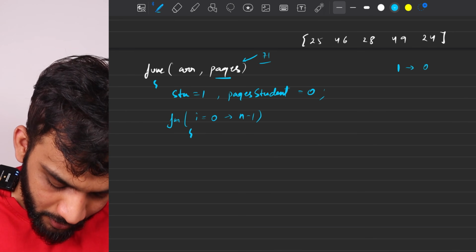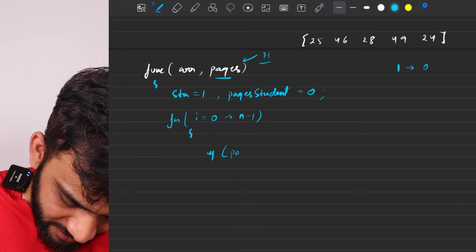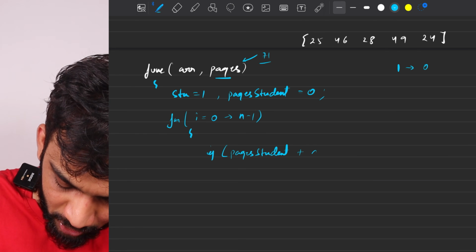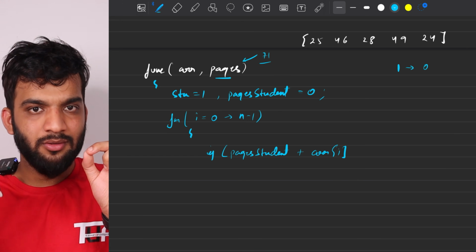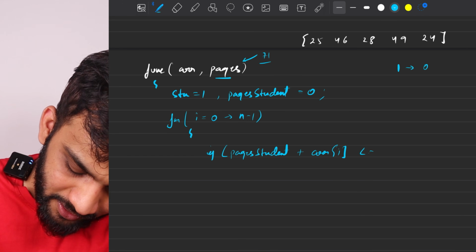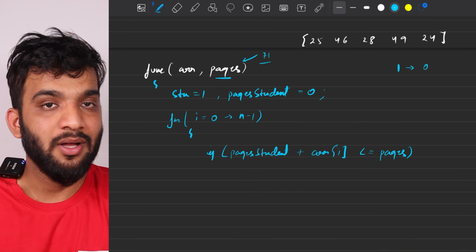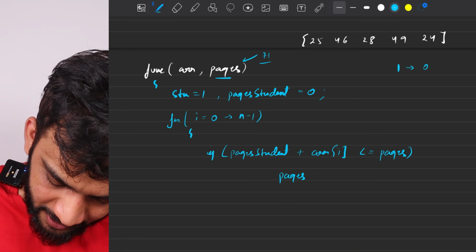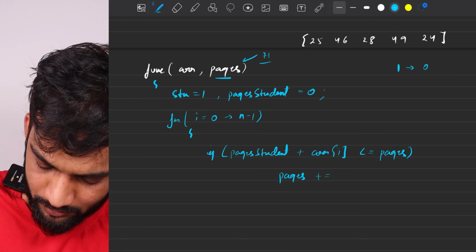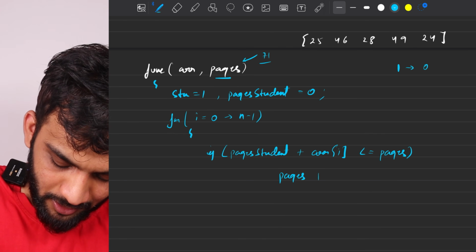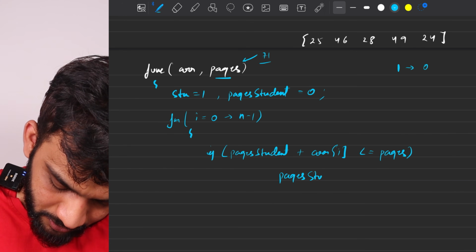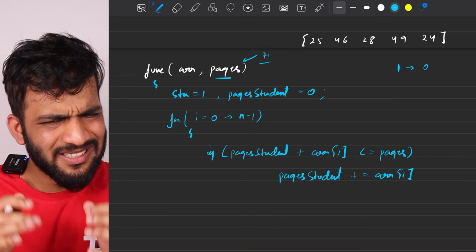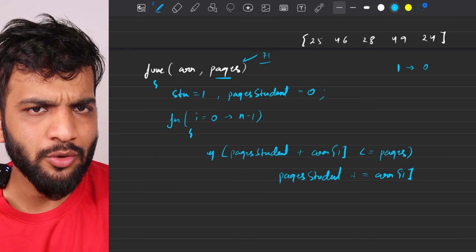So can I say, if the pages that the student is currently holding plus whatever is on the current book, if that is under the pages that I'm allowed to hold, I can take it. And if I'm taking it, can I write pages student plus equal to array of i? And I'll still stay in the same student. I don't need to go to the next student.